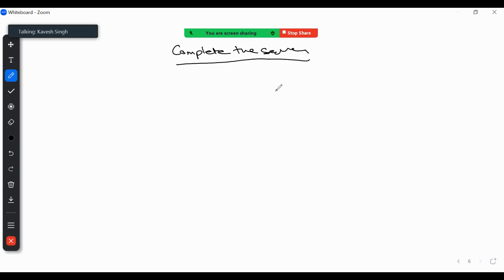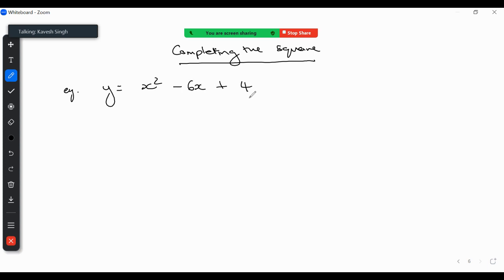All right, so completing the square. They call it completing the square because you have to create a bracket squared. So for example, if I have y equals x squared minus 6x plus 4, I take my middle value, which is b, and I divide it by 2 and square it.